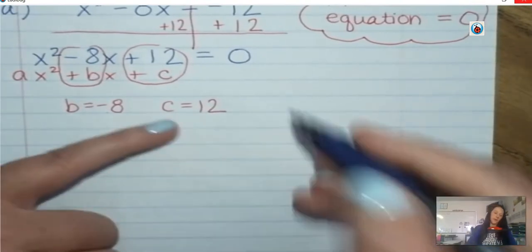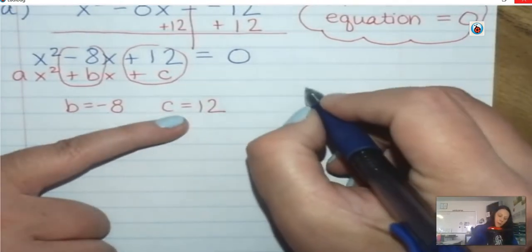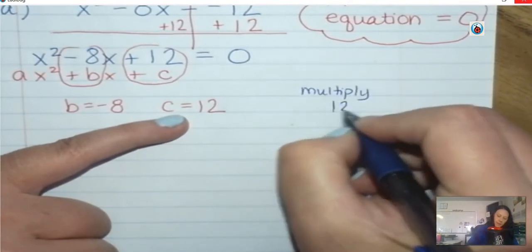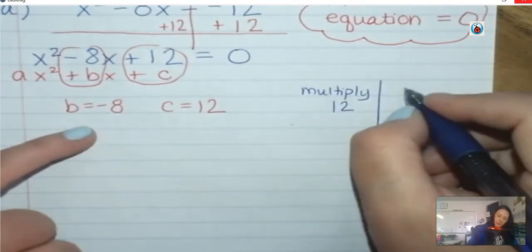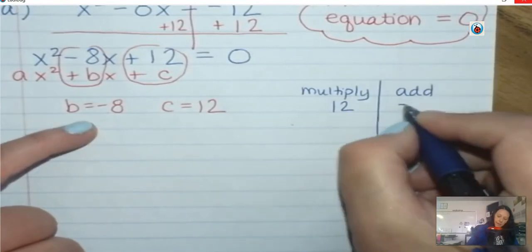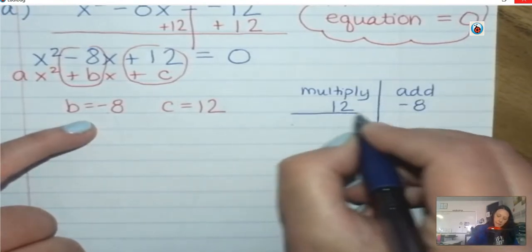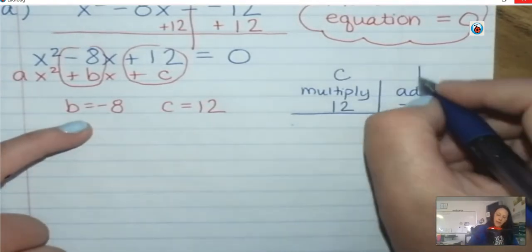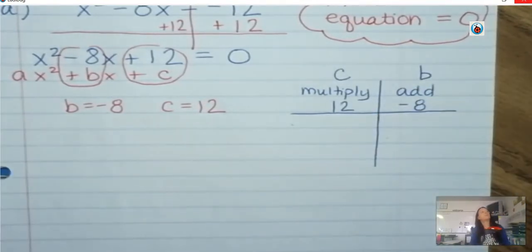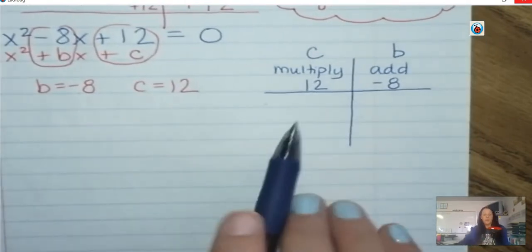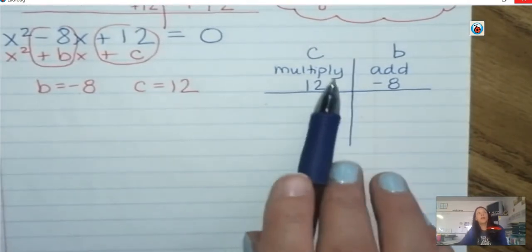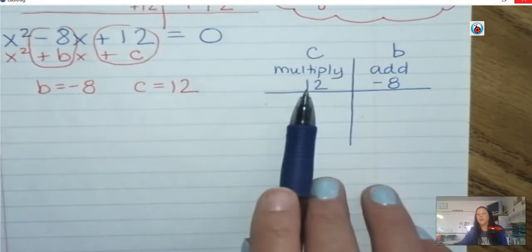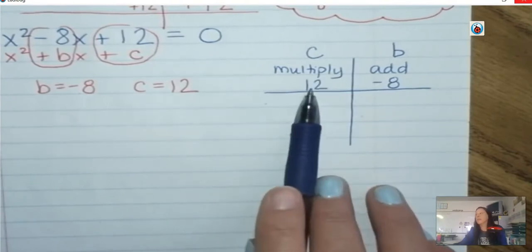Now I need to come up with what multiplies to be positive 12 and adds to be negative 8. So it has to multiply to be the c value and add to be the b value. When we're multiplying and we're going to get a positive answer, a positive times a positive is positive, but also a negative times a negative is positive.